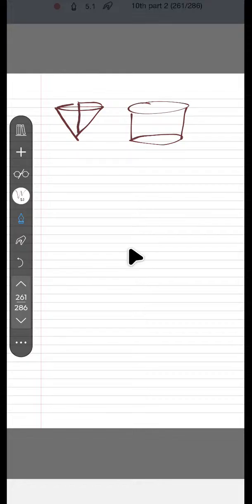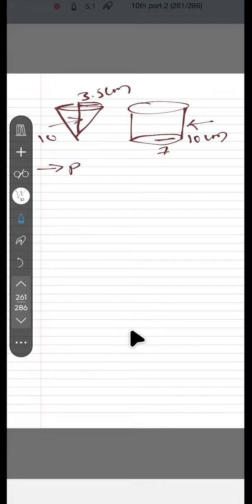The height is 10 centimeter, then 3.5 centimeter is the radius, correct, and this is a seventh one. So here we will start solving the question based on the given information.